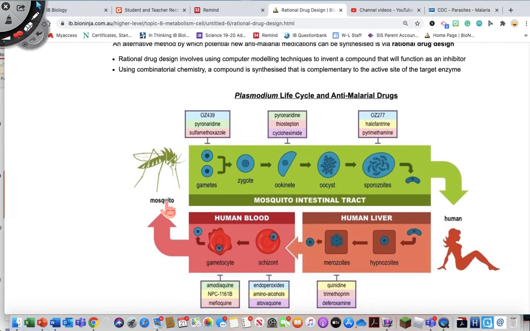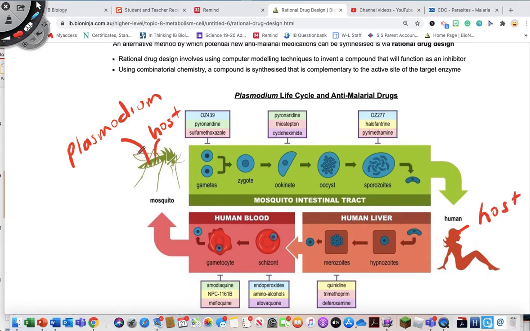So let's look at this picture here for just a moment. Here we see a mosquito, the Anopheles mosquito, and inside this mosquito we have the Plasmodium parasite. So the mosquito is a host. The human is also a host. Then how does this Plasmodium mature inside the mosquito?